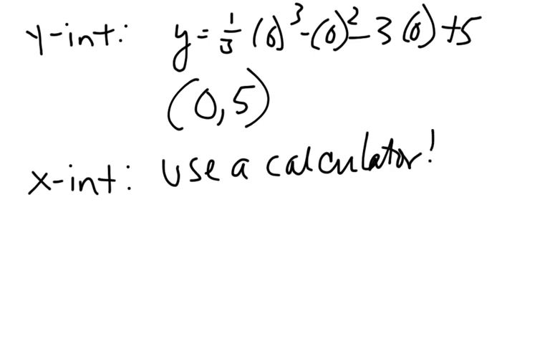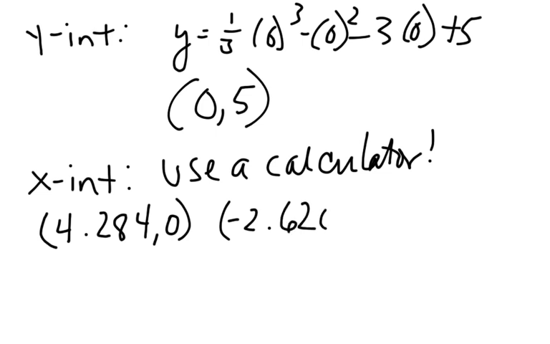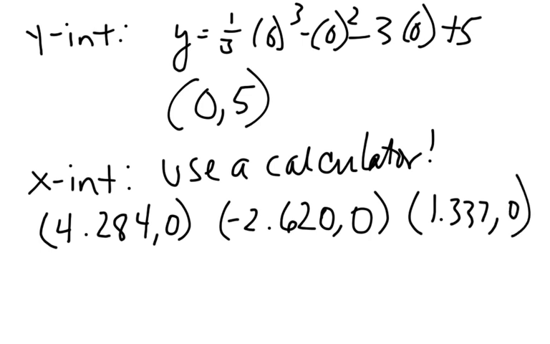Put your function in y equals, go to the second calculate menu, and then find the zeros. So you're going to have 3 of them. I'm just going to write them down because you can't see me punching buttons in the calculator. Make sure you can get these. Uh-oh, it's warning me I have 1 minute left. I have a time limit on these things. 30 minutes is all I'm allowed to do.